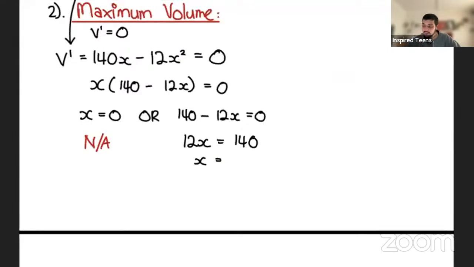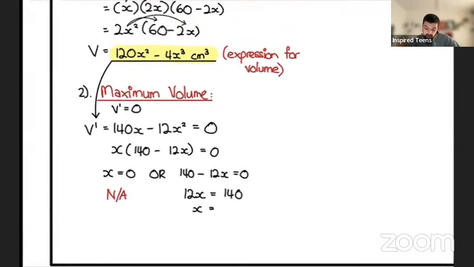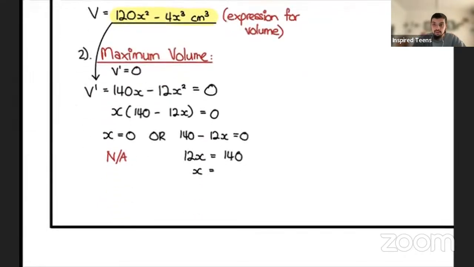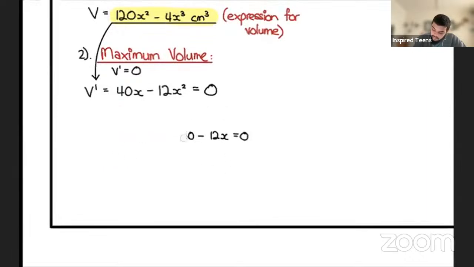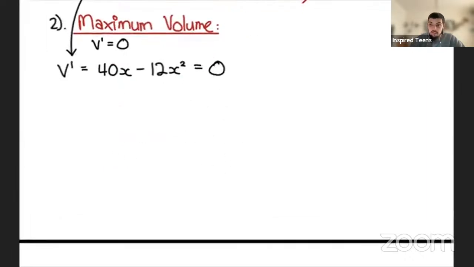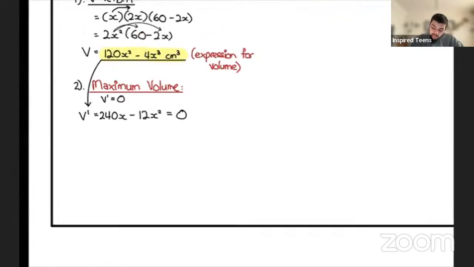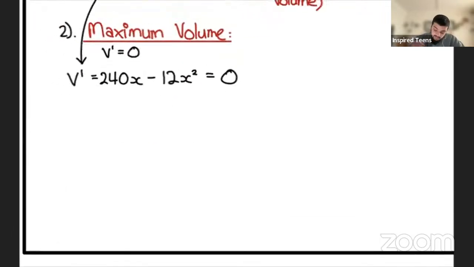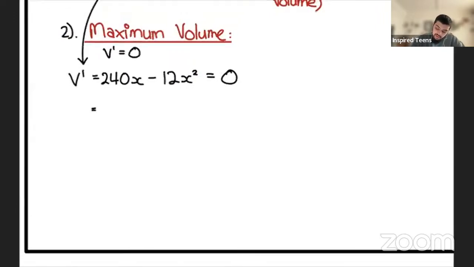Is there something incorrect? Oh yes, sorry. That's supposed to be 240. Thank you guys for that. This is supposed to be 240 because 120 times 2 is 240. We derive, equate to 0, and now we can take out our common factor. The common factor I'm going to take out is 12x, because 12 can go into 240, and into 12, of course.